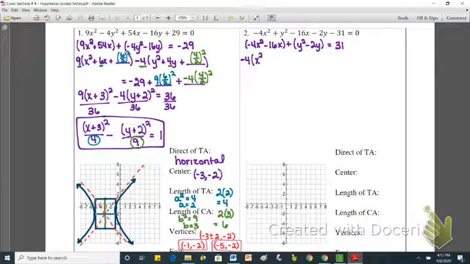So I have x squared plus 4x plus blank. And you'll notice on my note sheet that I have a mistake there. That should be a plus 4.